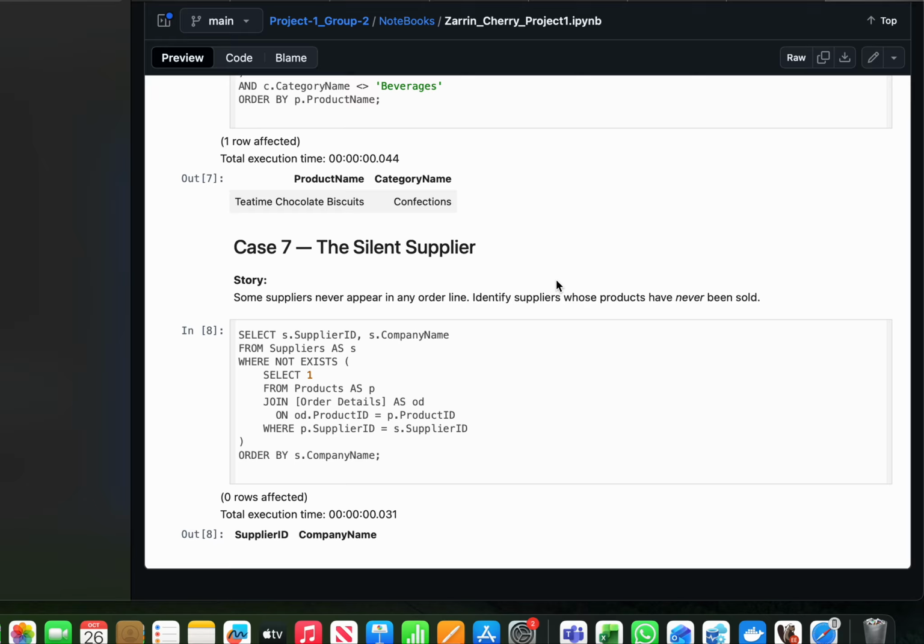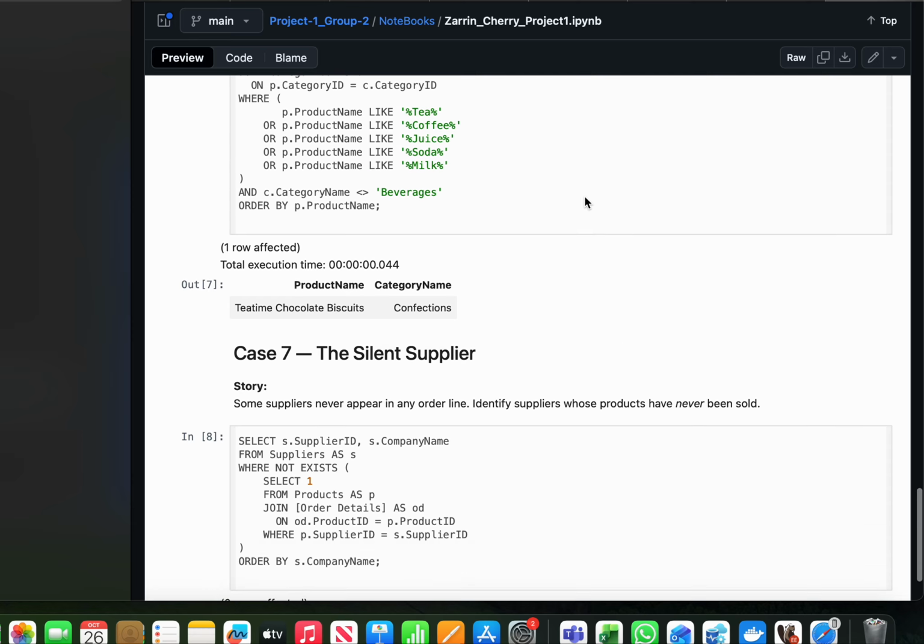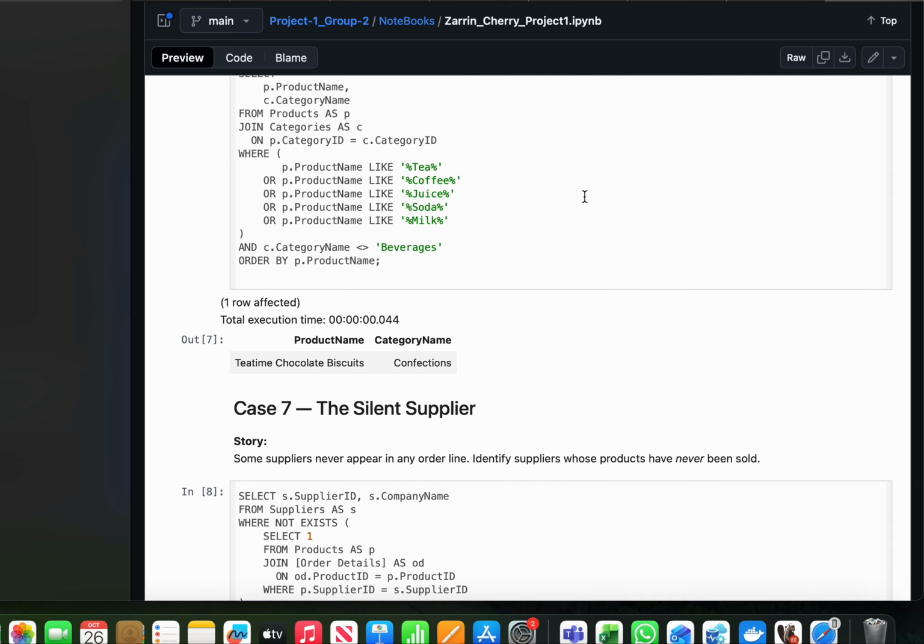So for the first one, critical thinking, every one of these 7 cases required logical reasoning and step-by-step problem solving. I had to analyze relationships between tables, think through how data was connected, and decide the best SQL structure to get meaningful results.